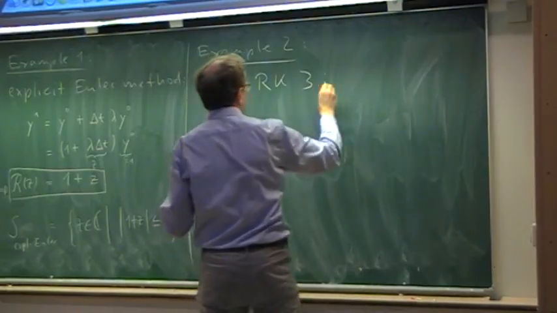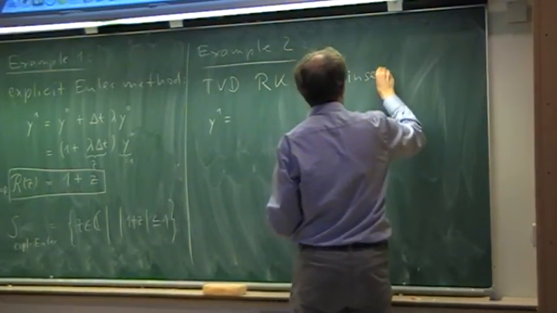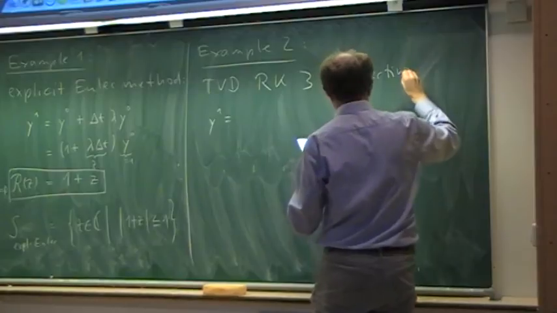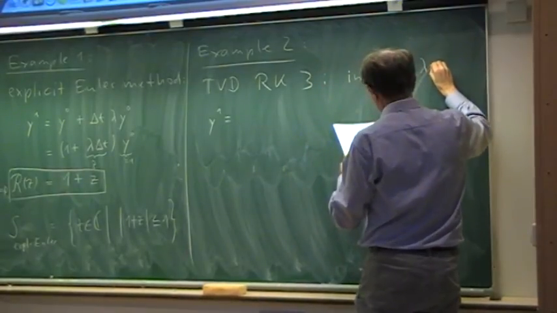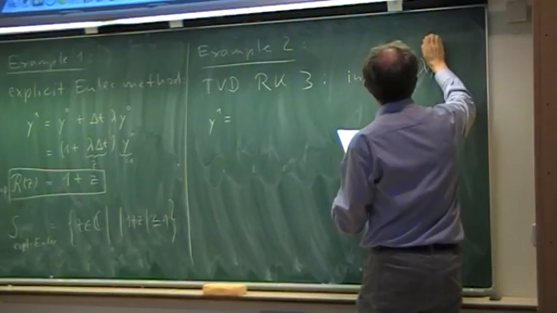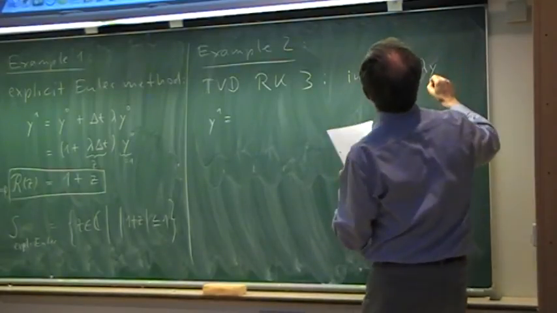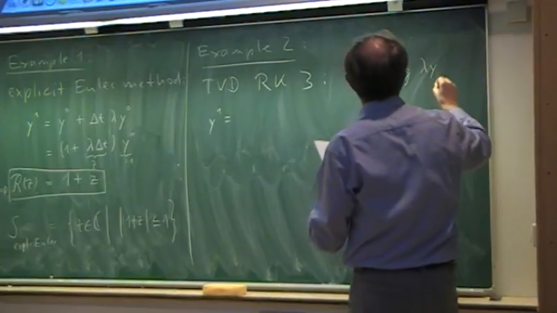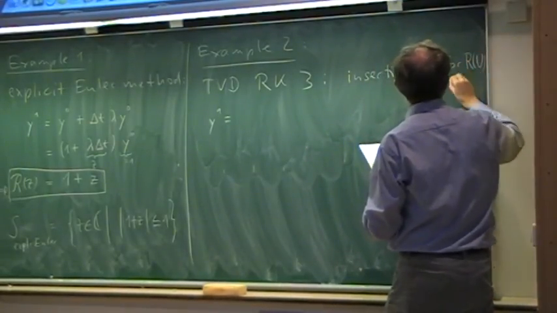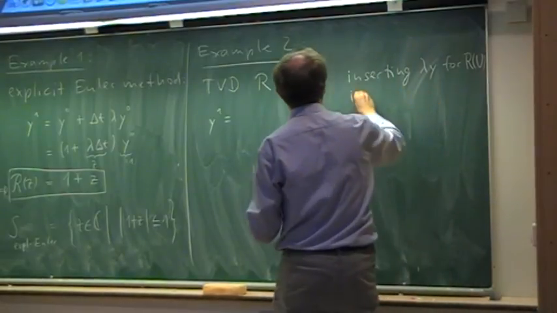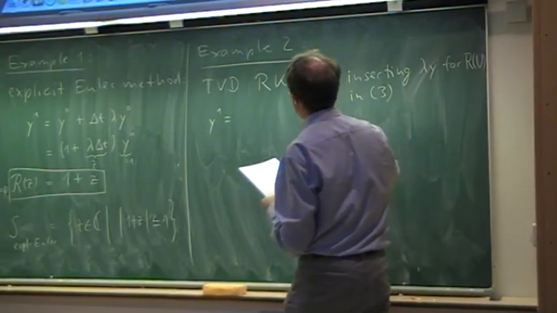That is by inserting lambda y for r of u in equation 3. Then we get this equation.